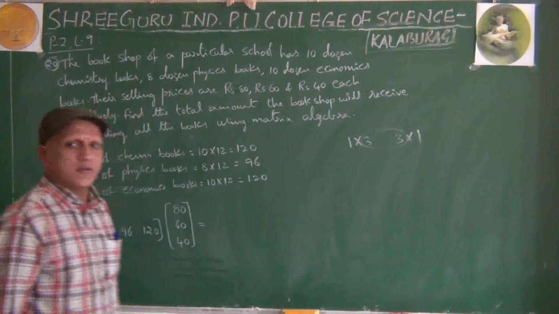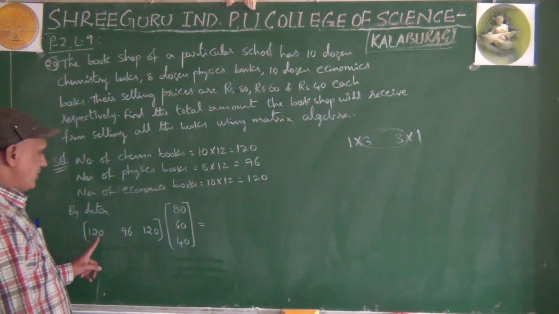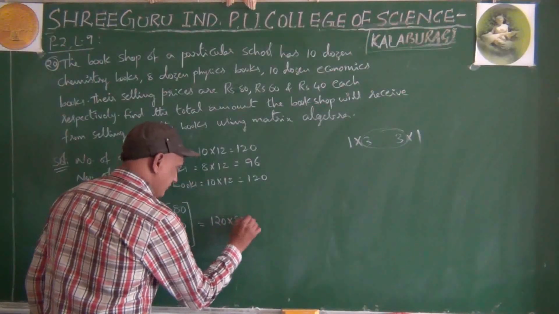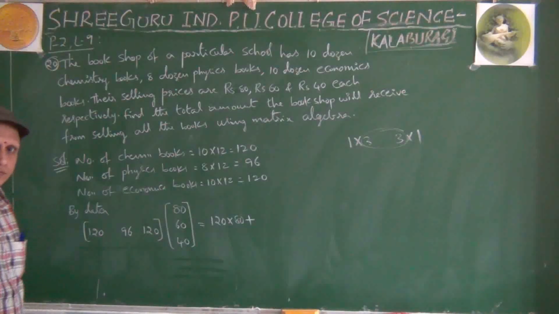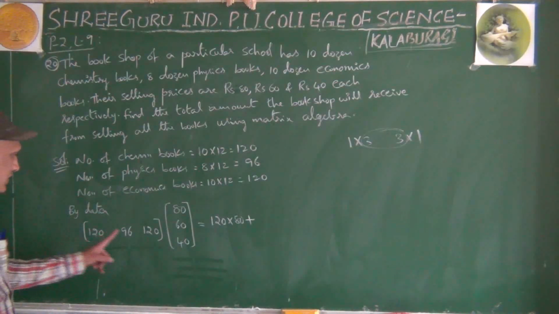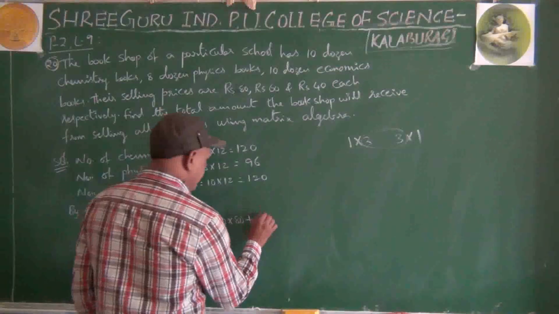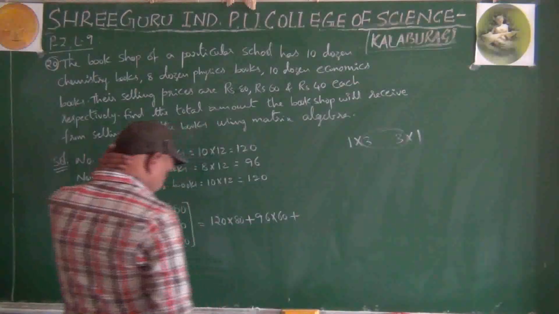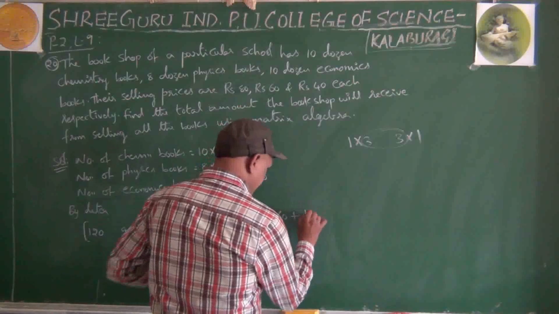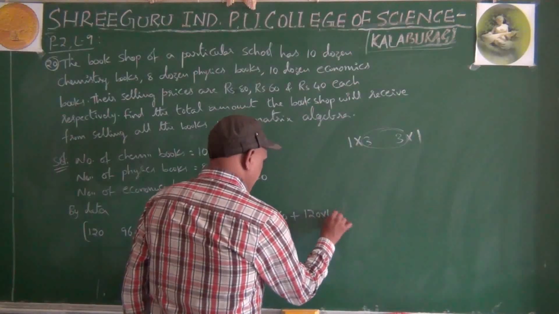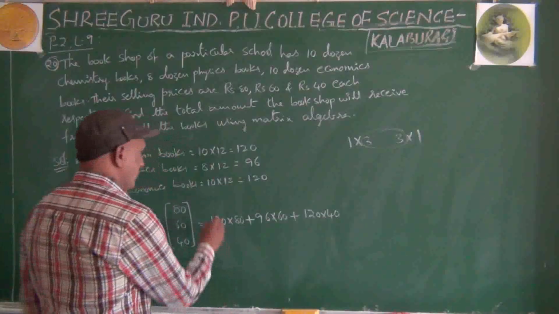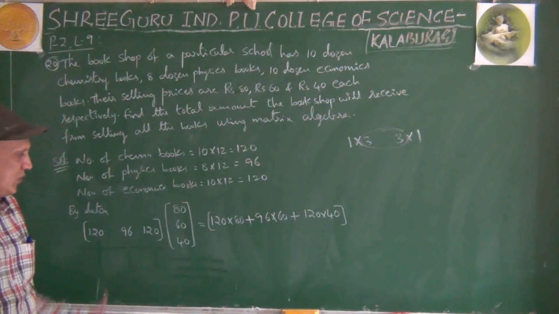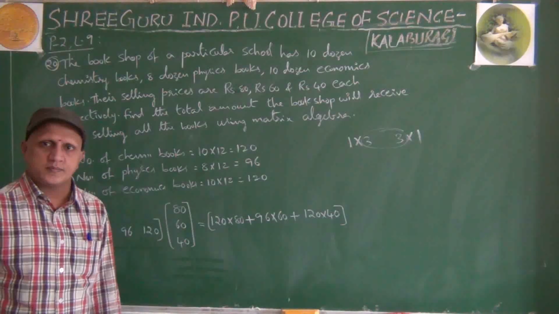Answer is 1 by 1, 1 row, 1 column. 120 into 80 plus 96 into 60 plus 120 into 40. If you multiply both the matrices, you get like this.